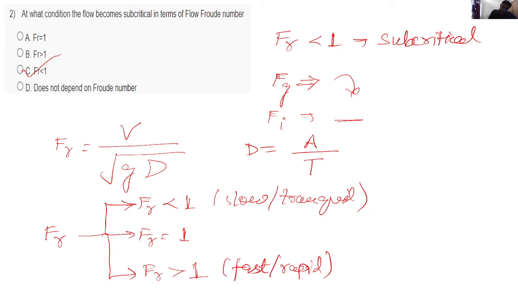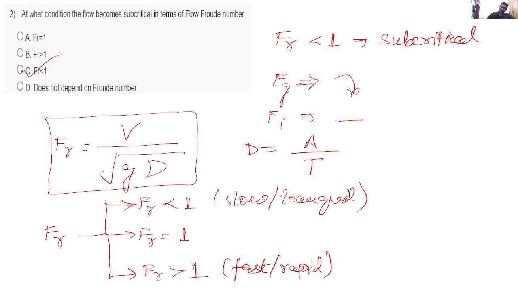Now, looking at this Froude number, it is basically a ratio of two different entities. So the denominator here, square root of g times d, can also be taken as the speed of a small wave on the water surface related to the speed of water, which can be termed as the wave celerity.